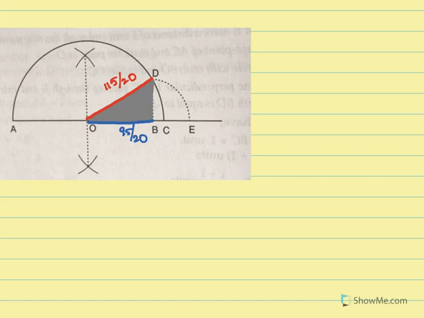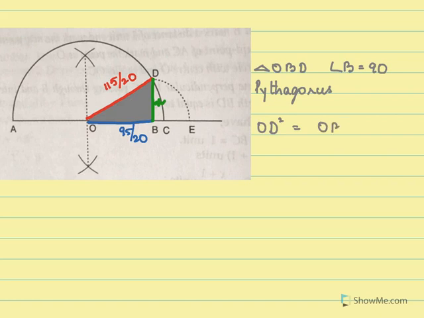So we need now, using Pythagoras, to find our BD. Triangle OBD, angle B is 90, so by Pythagoras we will have hypotenuse, which is OD.